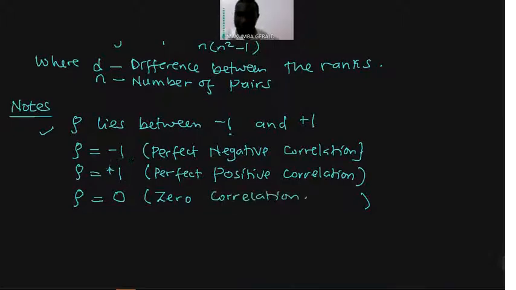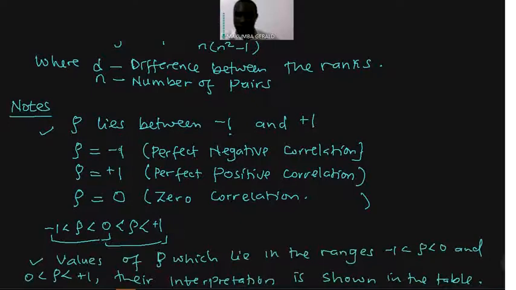Then the other values which lie in the ranges of -1 and 0, then 0 and +1, are going to be determined using the table of magnitude, which we are going to draw here.